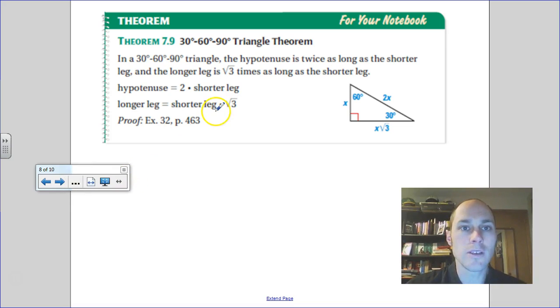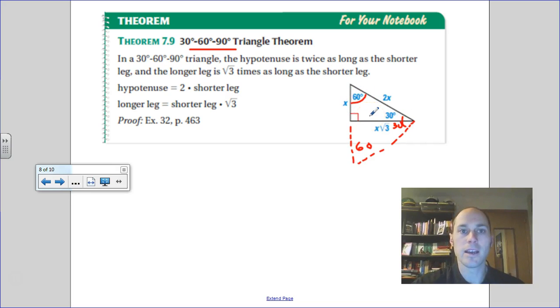And the final special triangle we'll take a look at is the 30, 60, 90. You can probably guess why it's called that: 30, 60, 90 degrees. Another way to think of it is as an equilateral triangle where we have 60 degrees and this angle split in half, so it's another 30. So we have three 60-degree angles.